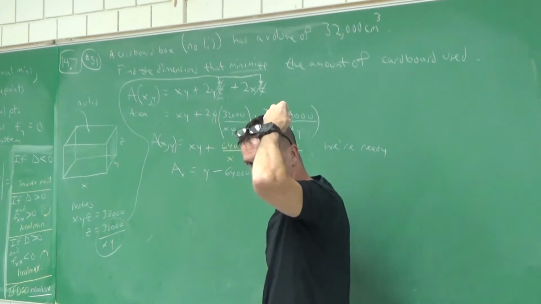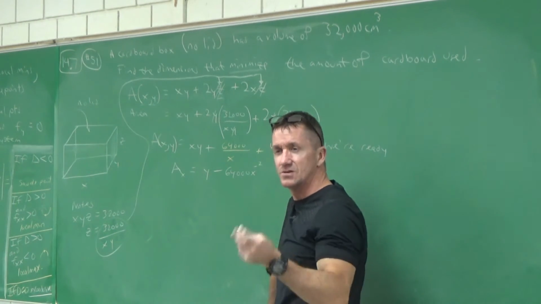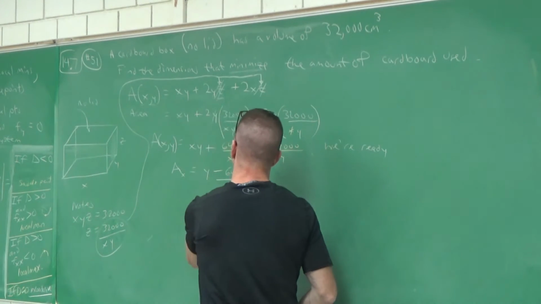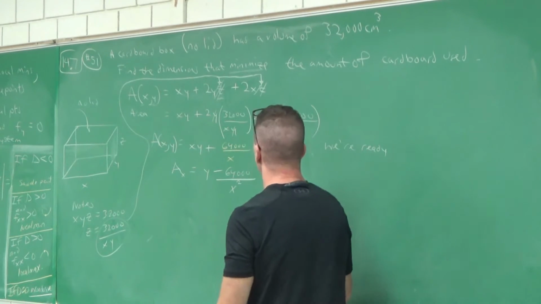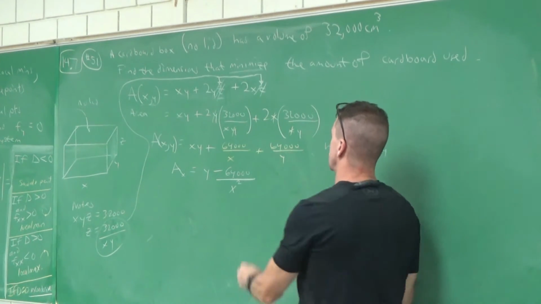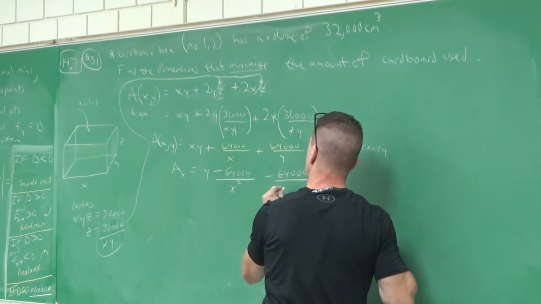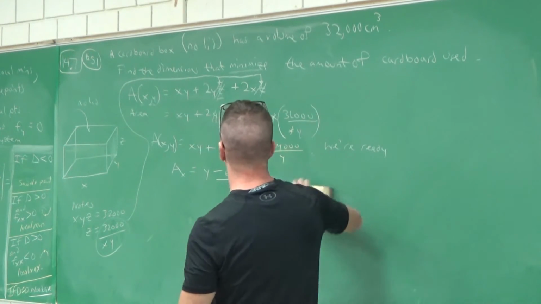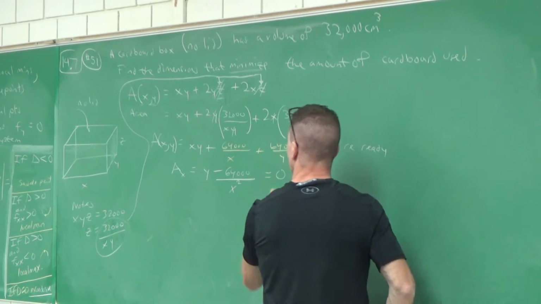Did everyone see that? But x to the negative 2 means it goes in the denominator, so I'm going to write it at the bottom. So I get y minus 64,000 over x squared. The other one should be similar. That's y to the negative 1. Negative 1 times 64,000 is negative 64,000, and y to the negative 2 means negative 64,000 over y squared. Oh, and this was only with x. So I'm going to stop there and set this equal to 0.